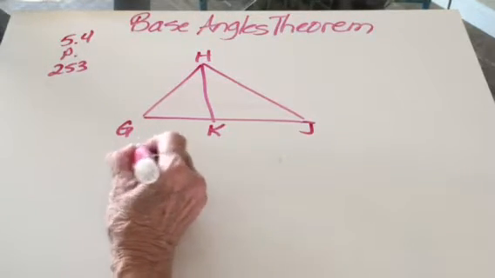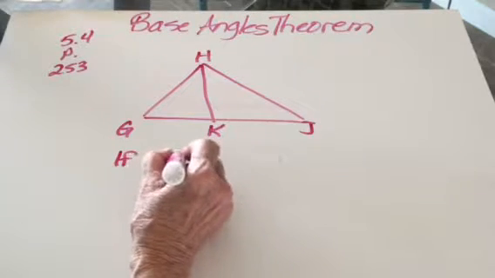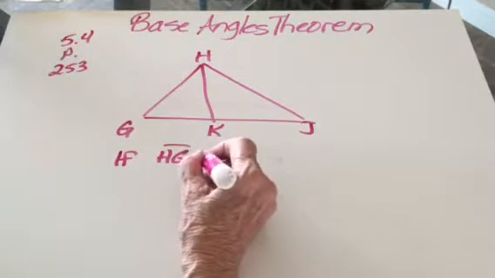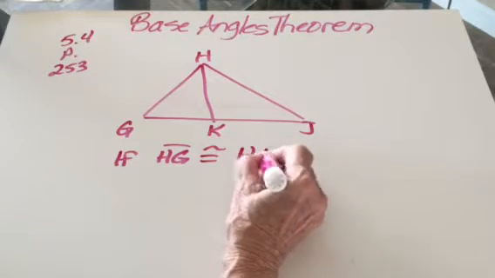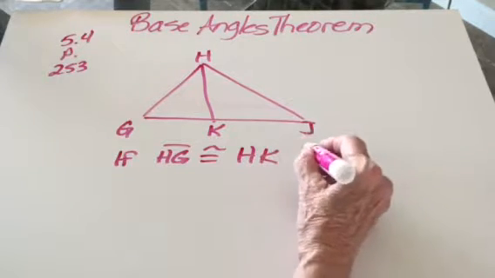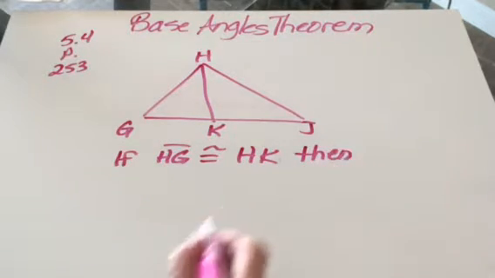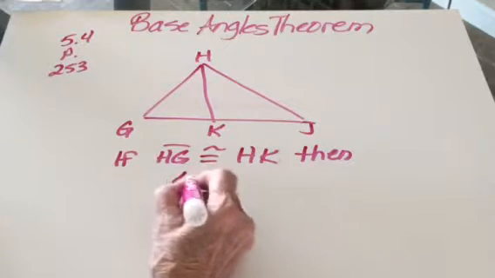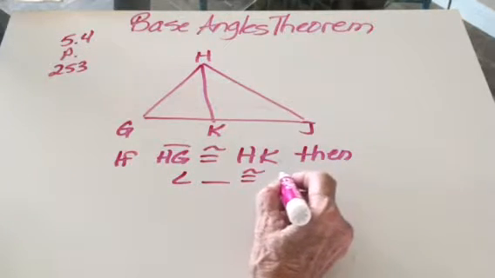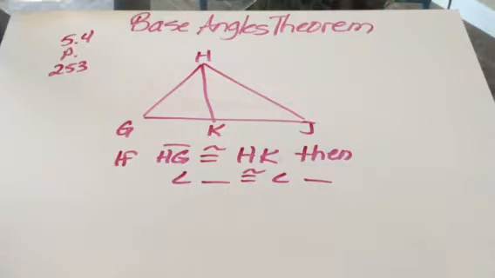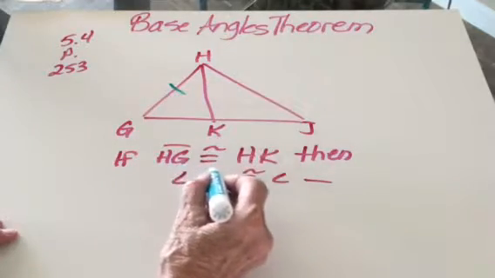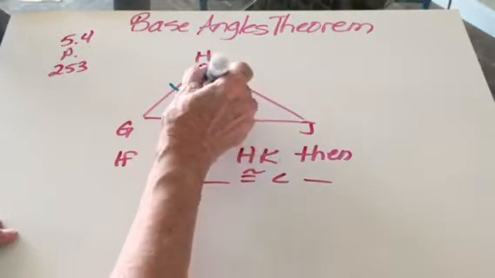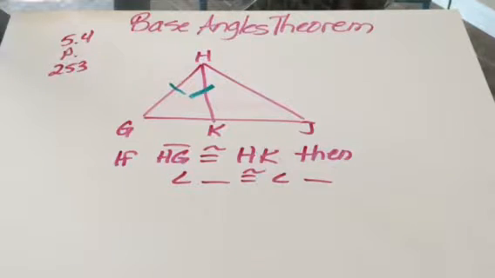It says if HG is congruent to HK, then they're going to say angle something is congruent to angle something else. Before we start, let's mark this. HG is congruent to HK.